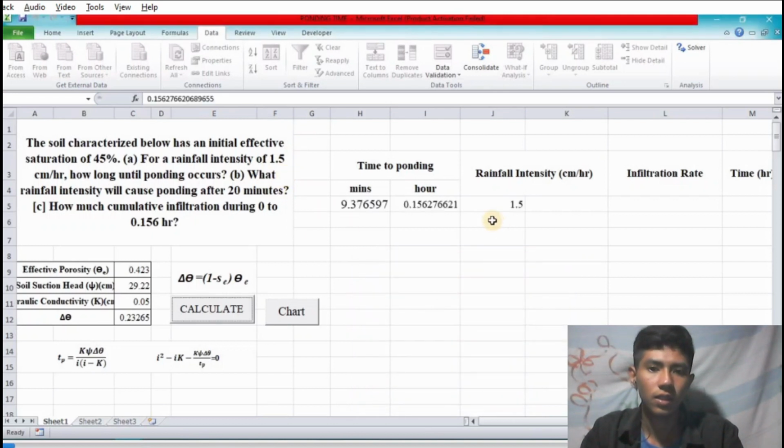Okay, we've got the values. The time to ponding is 0.15 hours, or equal to 9.37 minutes.